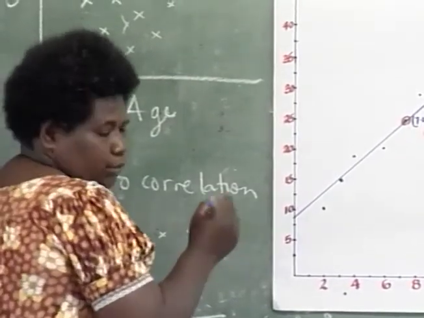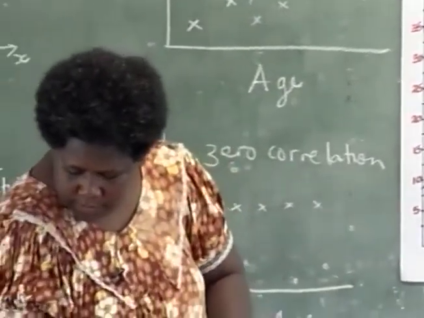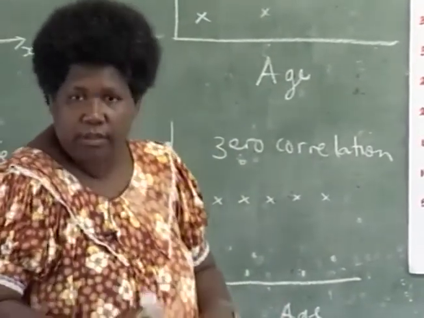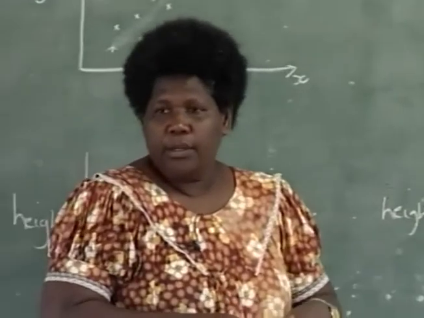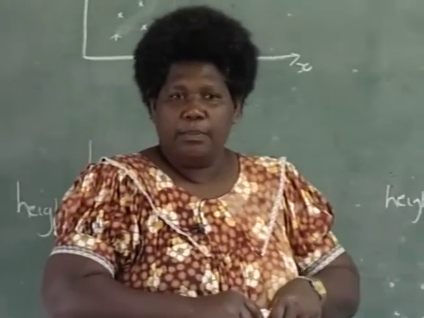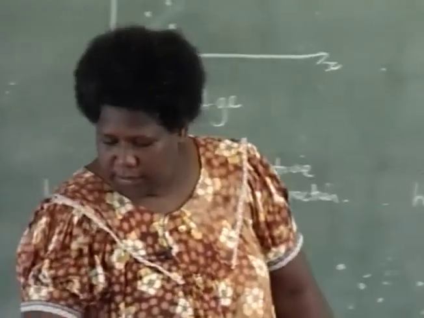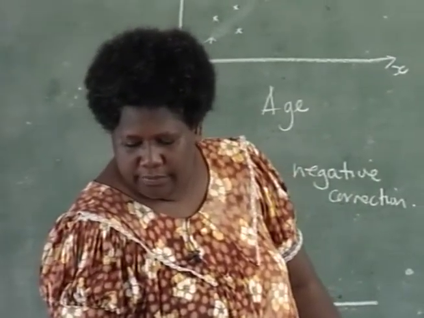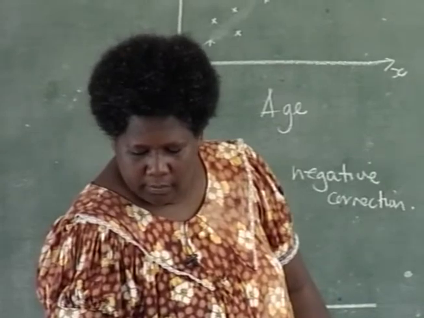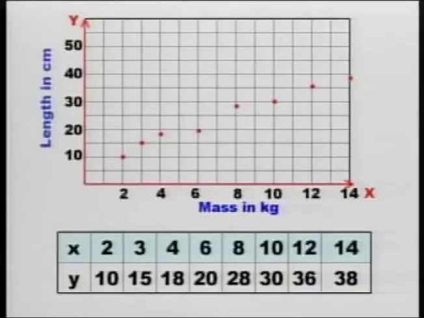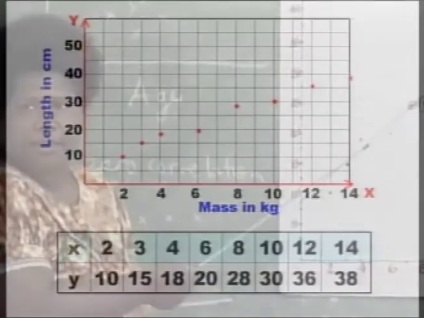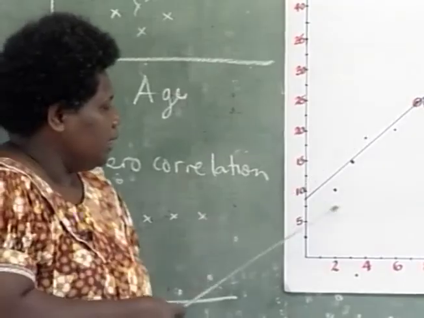Now, to use rise over run, please listen: you don't choose any points on the table of values for this graph, because as you can see, none of the points are on the line except the average point and this point.